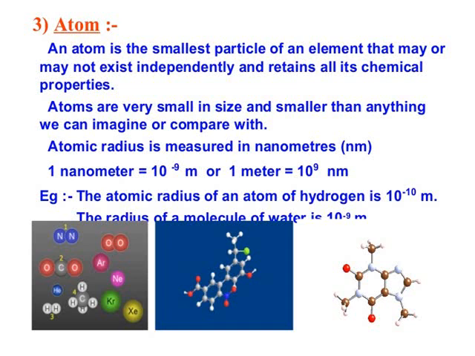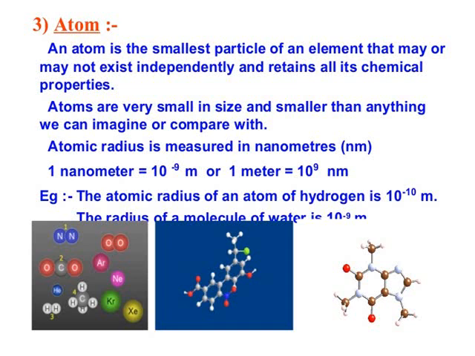When you divide 1 meter by 1 followed by 9 zeros, the result you get is a nanometer. For example, the atomic radius of an atom of hydrogen is 10 to the power minus 10 meters. The radius of a molecule of water is 10 to the power minus 9 meters.